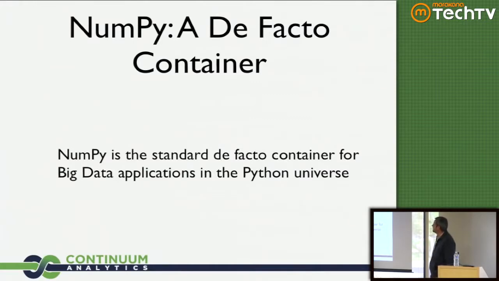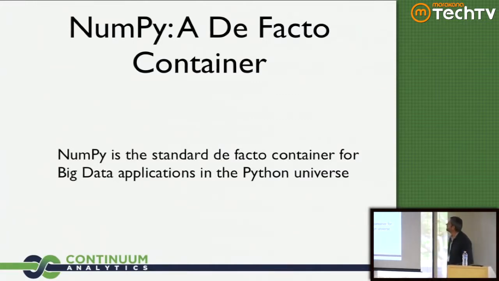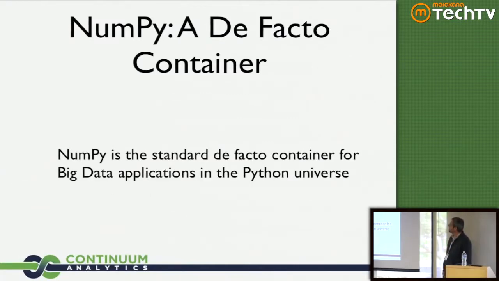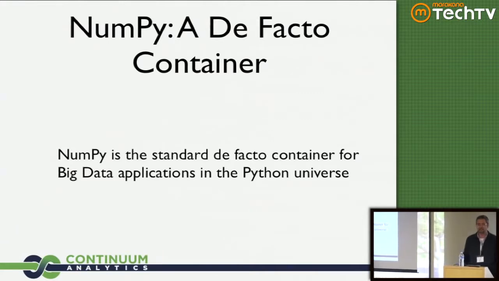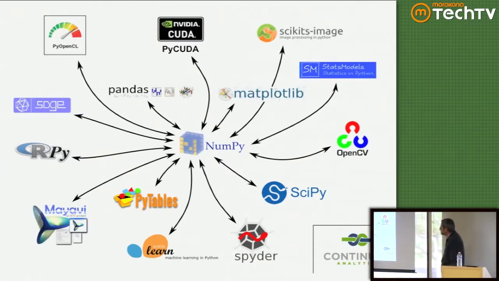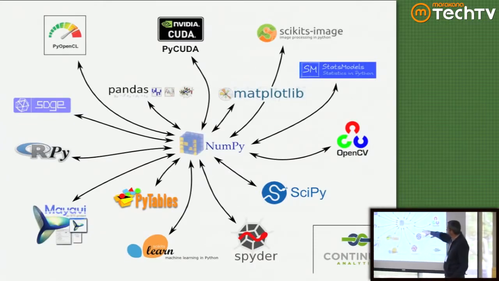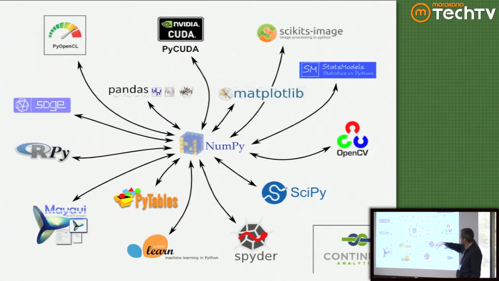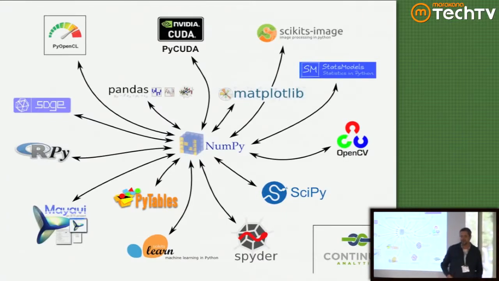And NumPy plays a very central role in this aspect, because it has become a de facto container for big data applications in the Python universe. In fact, NumPy has created a very comprehensive ecosystem around it, and there are many libraries that use NumPy in order to deal with this big data.